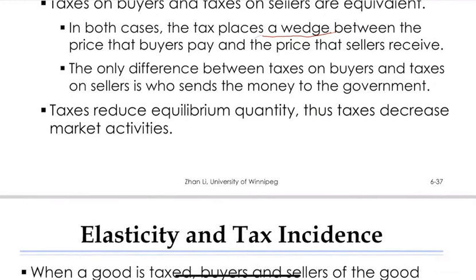And depending on the policy, depending on who pays the tax, the only difference between a tax on buyers and a tax on sellers is who sends the money to the government, that is, whose pockets the tax dollars will come from. If the tax is imposed on buyers, then the tax comes out of buyers' pockets. A tax on sellers, then tax dollars come out of sellers' pockets.